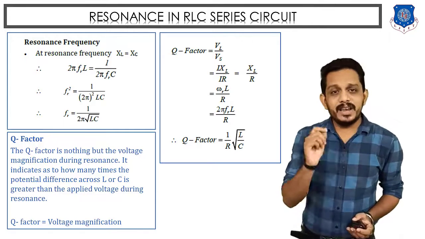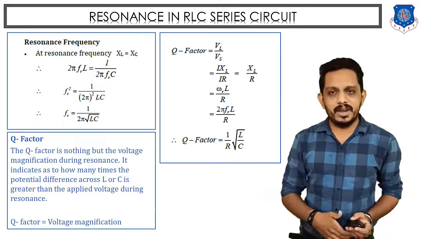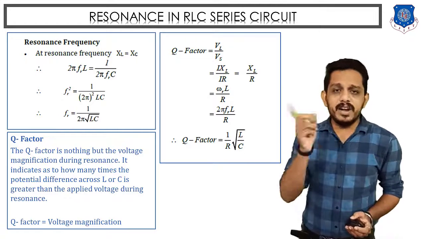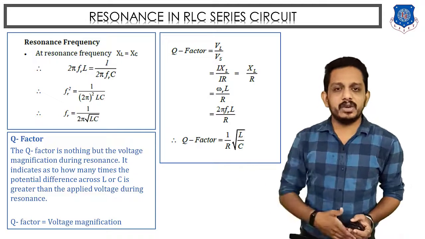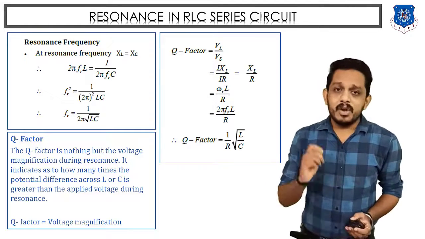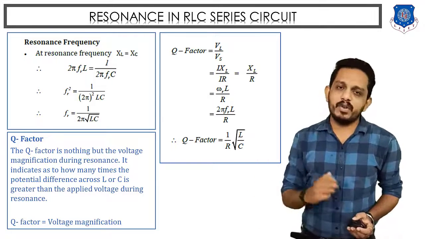You can put the previously derived equation Fr is equal to 1 upon 2 pi under root LC into this equation of Q factor, and you get the Q factor as 1 upon R under root L by C. So this is the equation of Q factor.